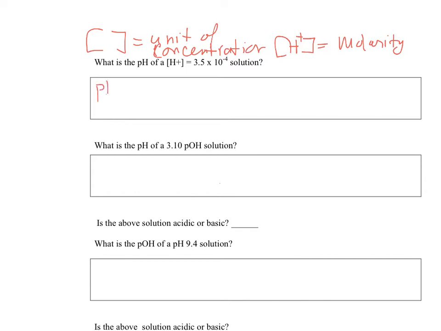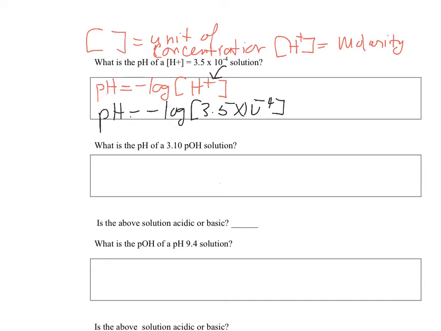So we're going to use the formula pH equals negative log of the hydrogen ion. That formula will be given to you. So as you can see, they're giving you the hydrogen ion. So we're going to put that number, 3.5 times 10 to the minus 4, in the brackets.